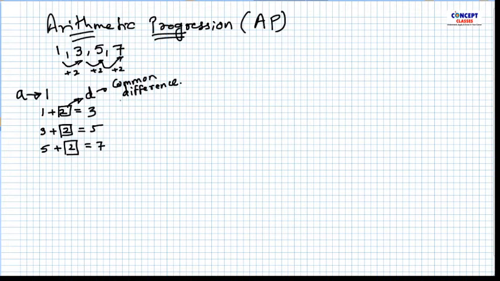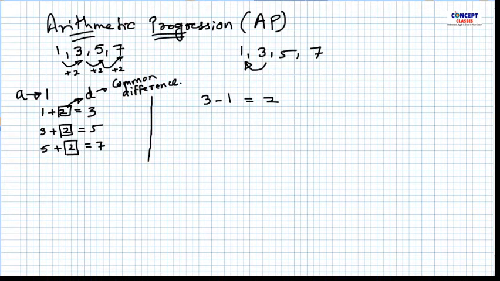This is one way of writing this. Now, can I look at this from another perspective? What if, instead of adding, I do this? This is another way of looking at the same thing. So this is the AP. If I do 3 minus 1, what do I get? 2.